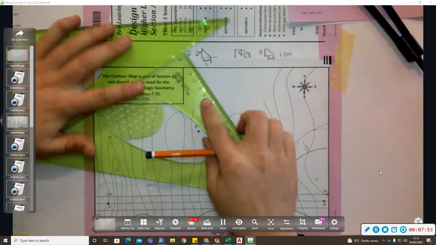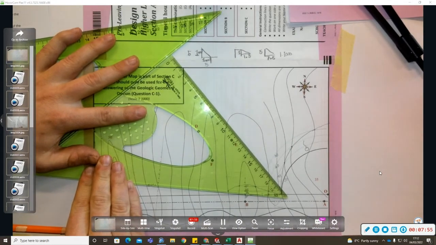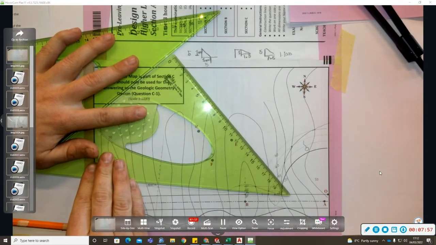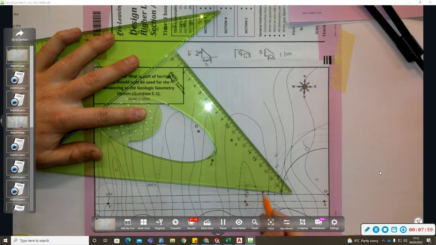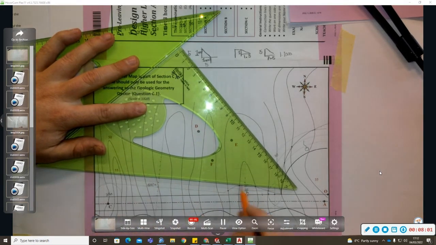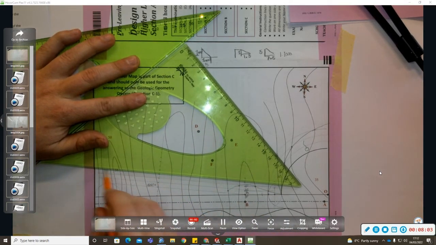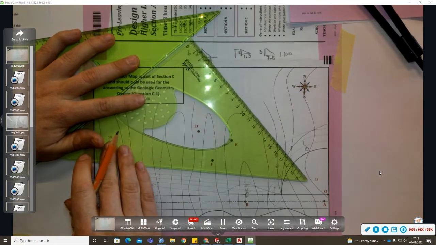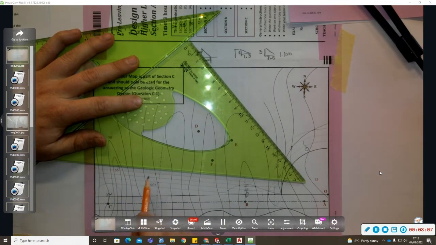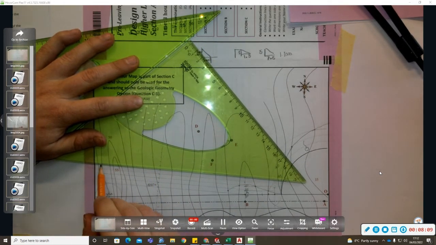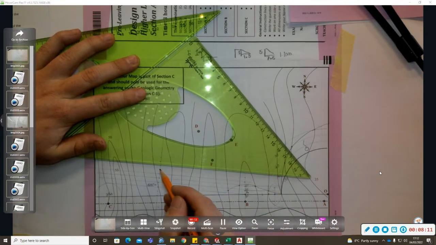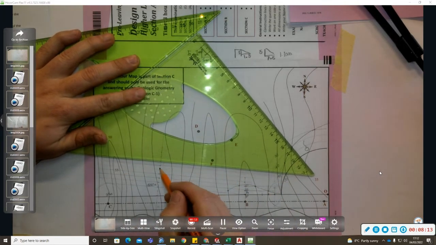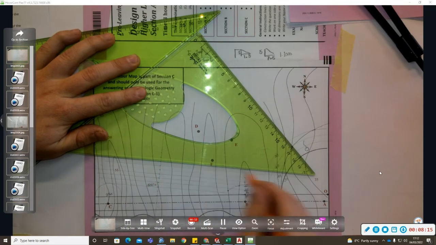Now you can draw lines parallel to this one here. Should be plenty.